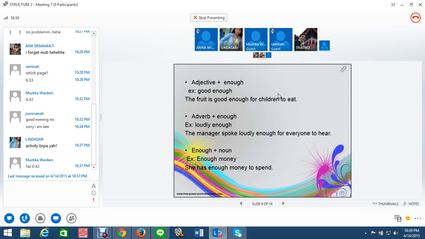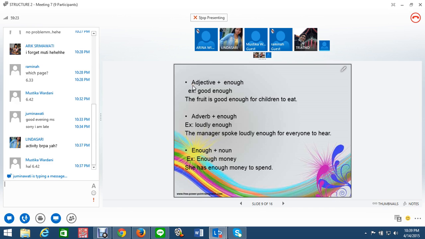Next, we are going to use enough. Enough should be paired with an adjective. So adjective plus enough, good enough. The fruit is good enough for children to eat. So adjective, enough, for her, and to infinitive. You see that?